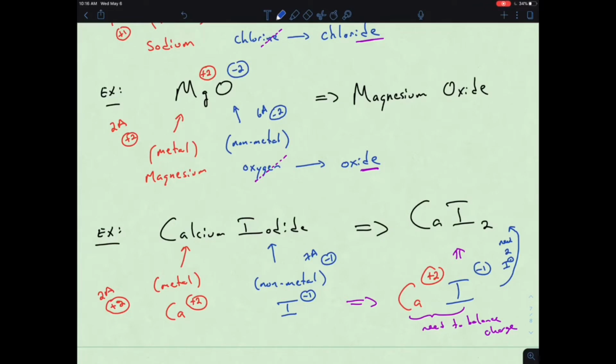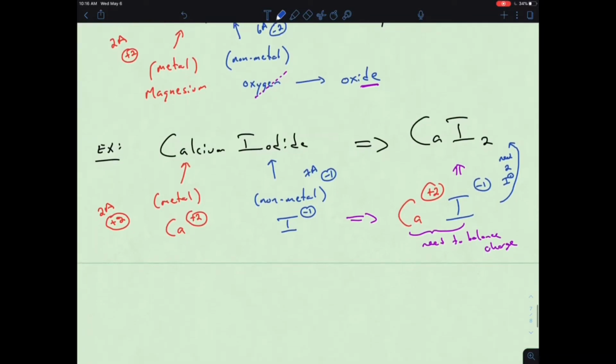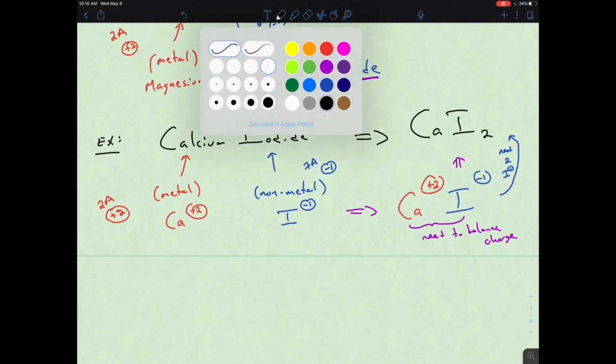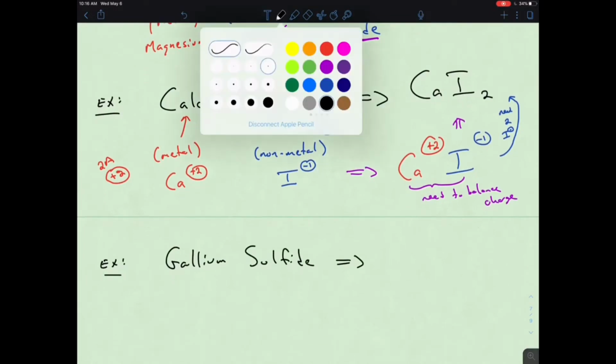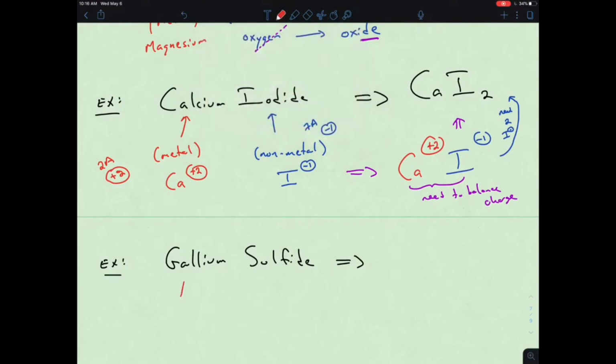So another example that's just a little bit more tricky would be looking at gallium sulfide. You can break it down exactly the same way, so it's not that big a deal.